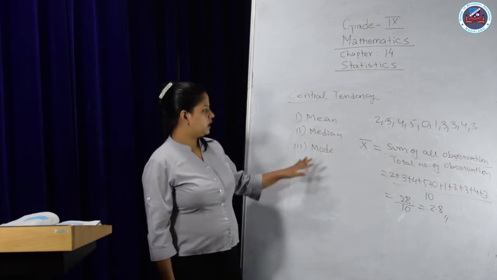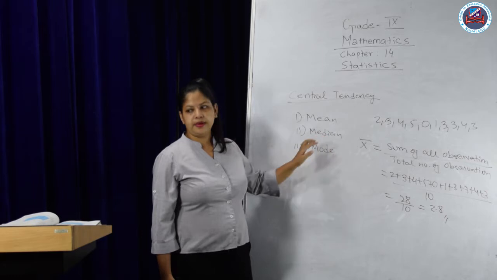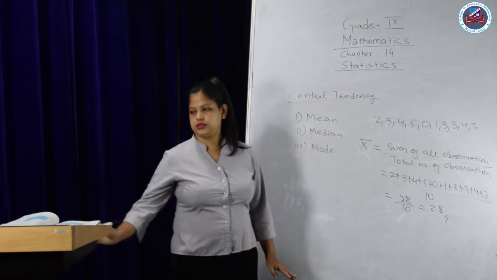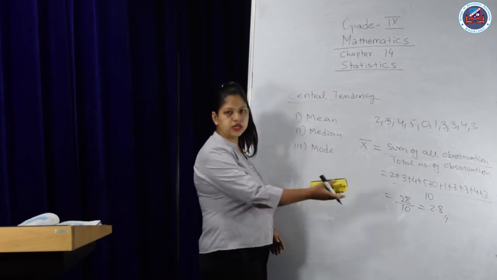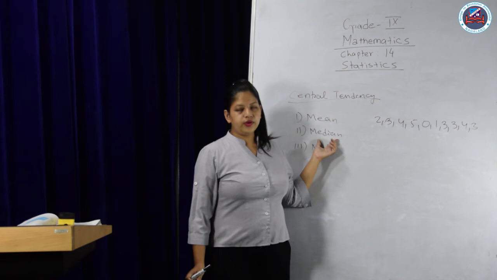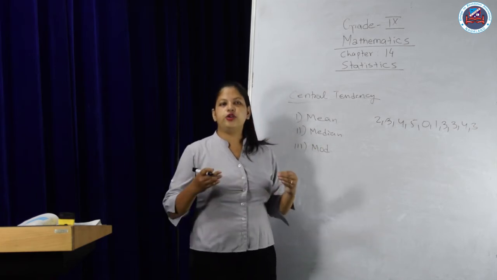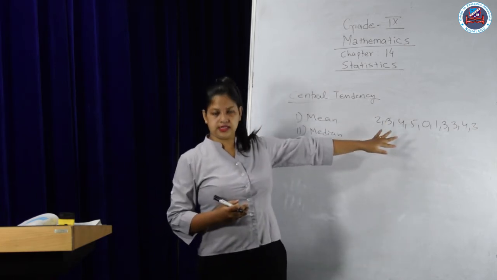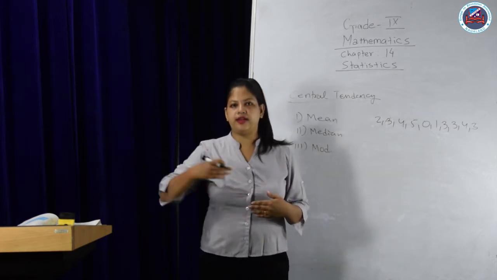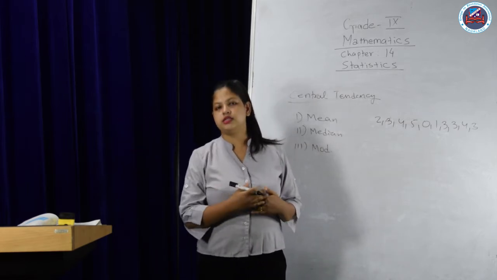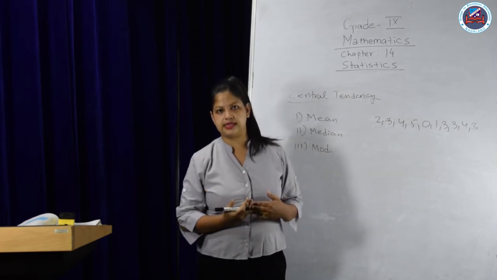Okay. Now next is median. Median means middlemost term. Let me erase this. You can note it down in your book. So when we call it median, it means the middlemost term of the given data. So before you calculate median for the given data, first arrange it in either ascending order or descending order.